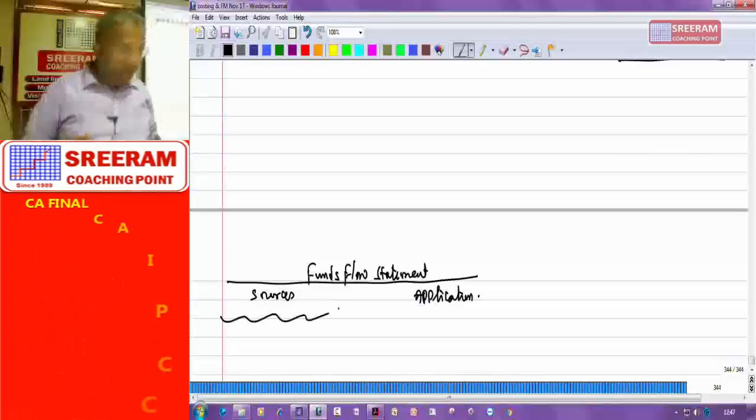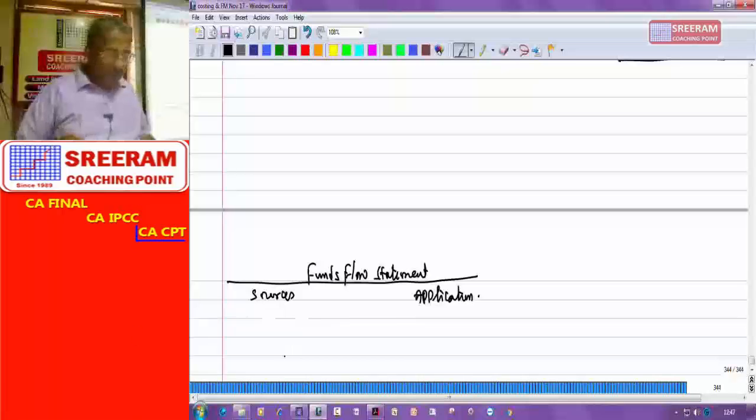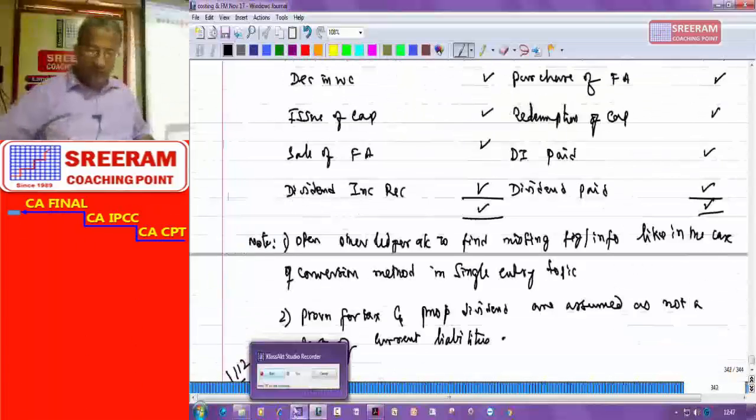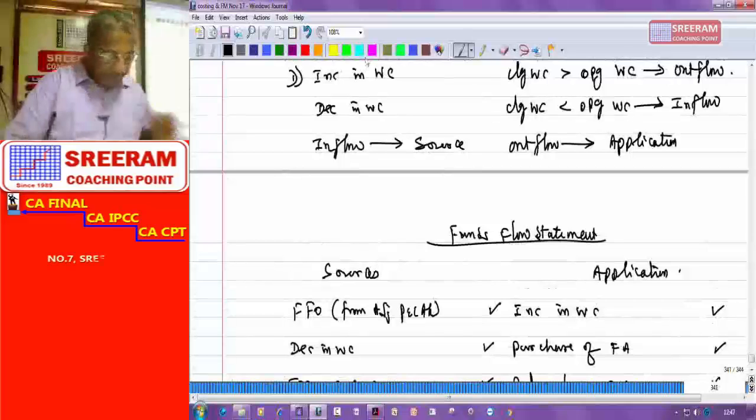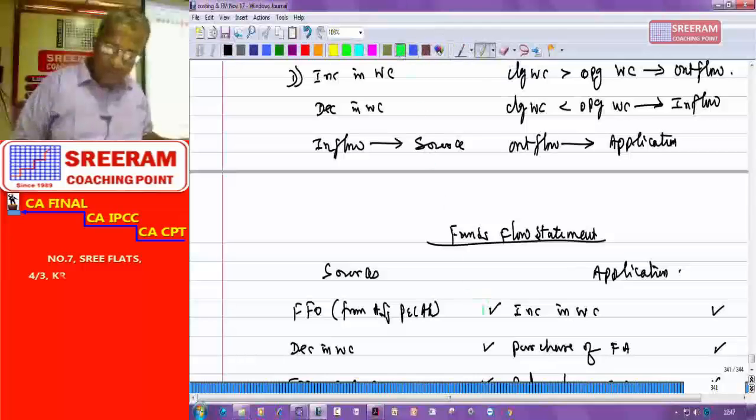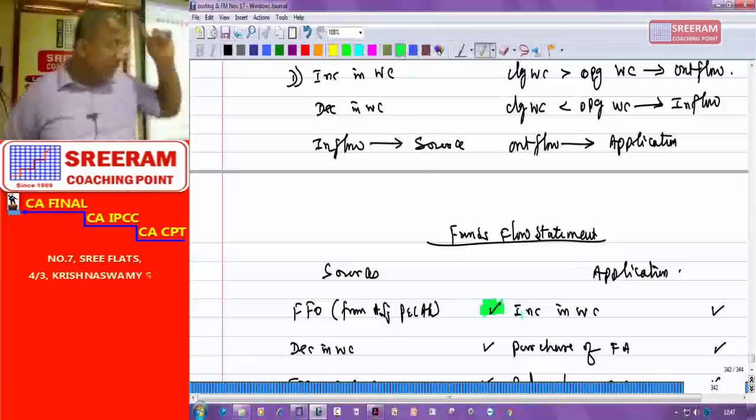How much is the money that it will appear? I will leave one line space for funds from operation, like how we did in the earlier case. Remember, this is picked up from adjusted P&L account.